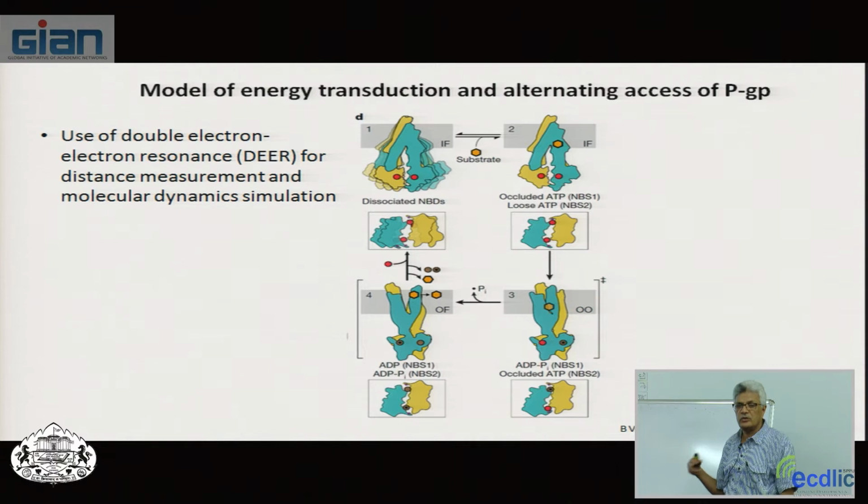but now this is the latest one based on the double electron resonance that we saw yesterday, with the more biophysical evidence, the DEER. And again, you can see here the NBD is shown as a range of distances, and then coming together, the substrate binding, then you have the dimerization of the ATP sites. This is shown here with the two ATPs bound.